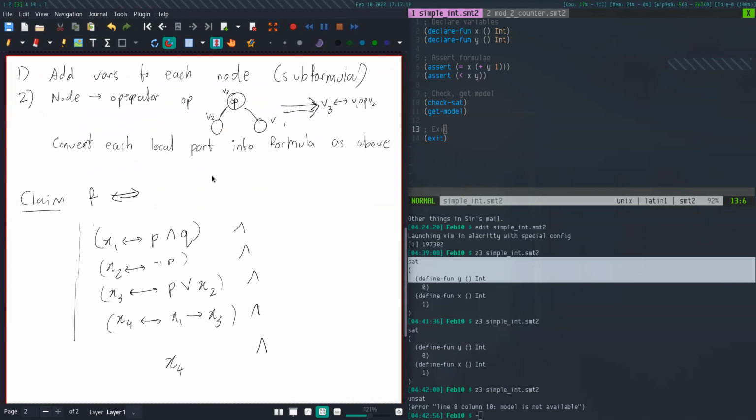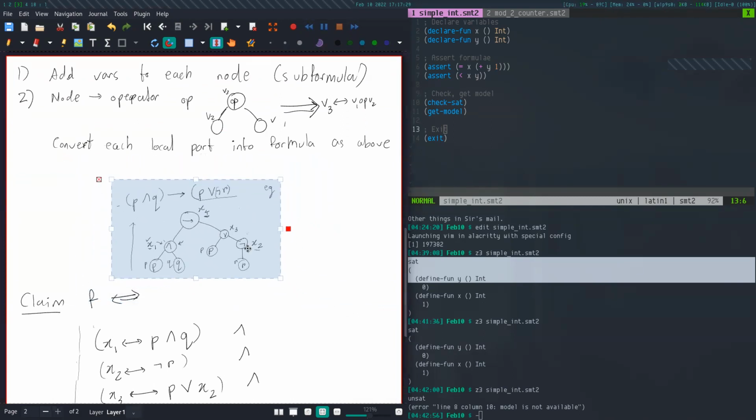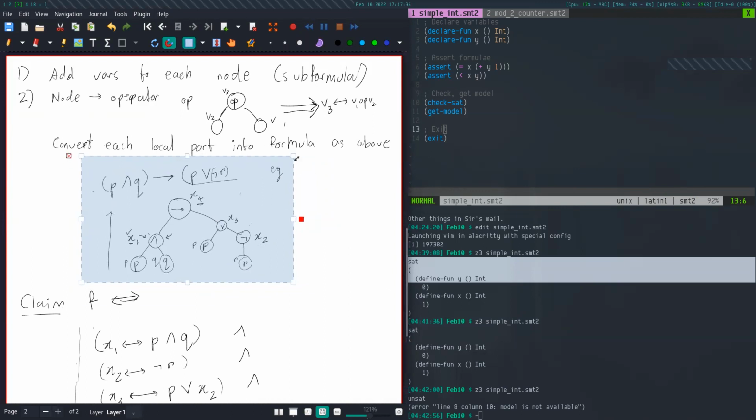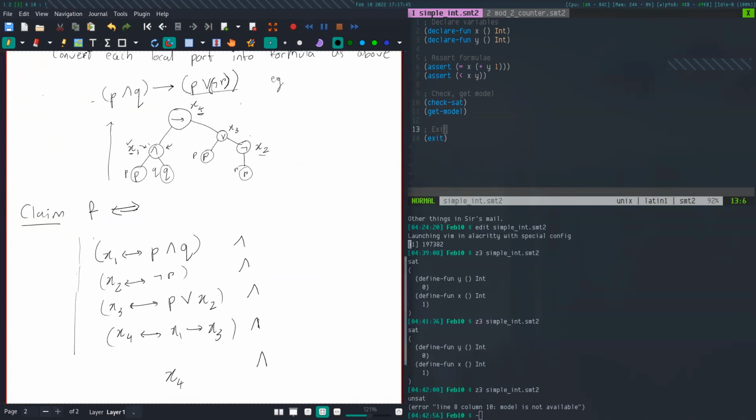Basically we had this formula and this was our f. And what we're claiming is that f is going to be equisat to this, right? So is this claim clear?